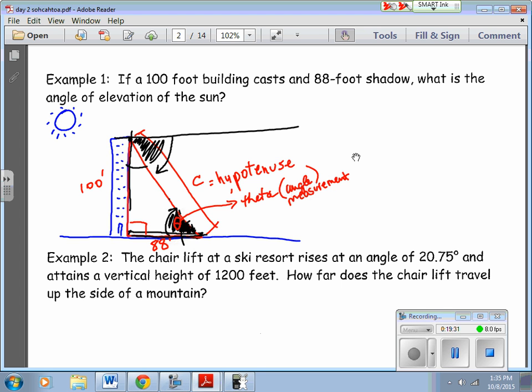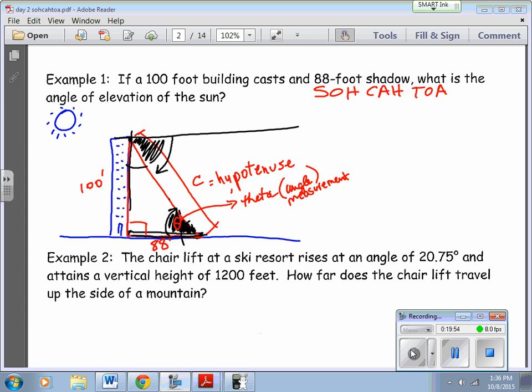So we're going to use what this introduction had, SOH CAH TOA. Now before we do that, we're going to do a little activity with the clinometer. Okay? And a clinometer lets us determine an angle.